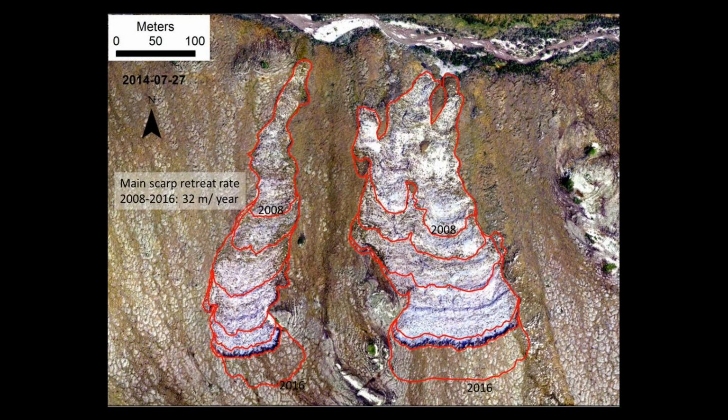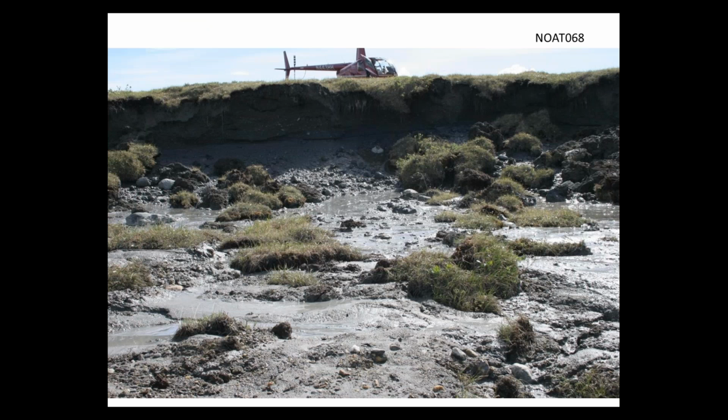So the main scarp retreat rate on this one, from 2008 to 2016, has been 32 meters a year. And that's the fastest. And this one on the right next to it has been almost as fast. So that's kind of the limit that we've seen. And of course, 10 to 20 meters is more typical, and the ones that have stabilized are even less.